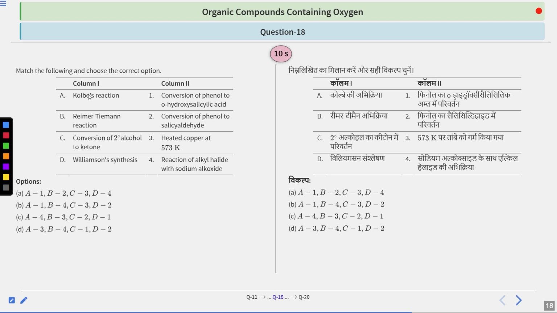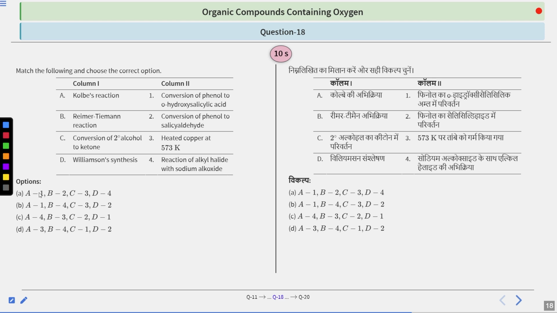In column 1, A is Kolbe reaction, B is Reimer-Tiemann reaction, C is conversion of secondary alcohol to ketone, D is Williamson synthesis. In column 2, first point is conversion of phenol to ortho-hydroxy salicylic acid, second point is conversion of phenol to salicylaldehyde, third point is heated copper at 573 Kelvin, and fourth point is reaction of alkyl halide with sodium alkoxide.